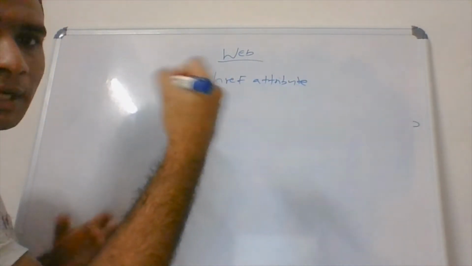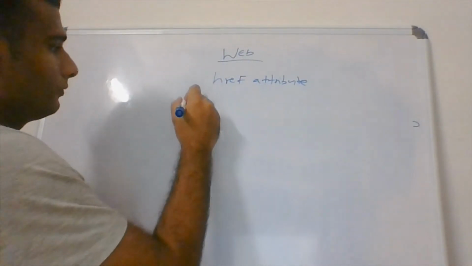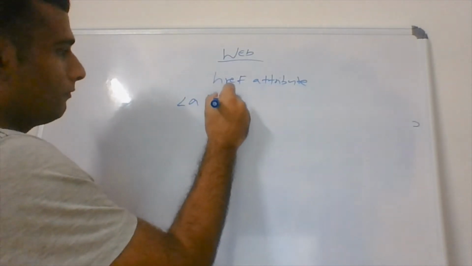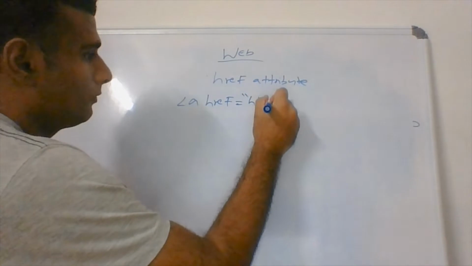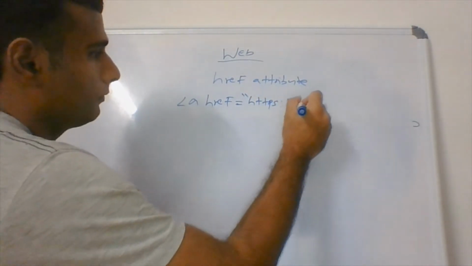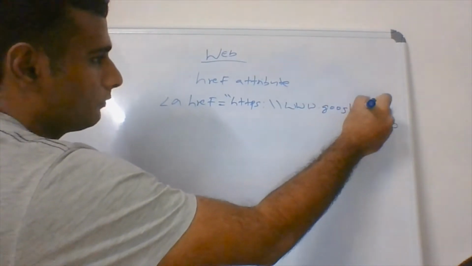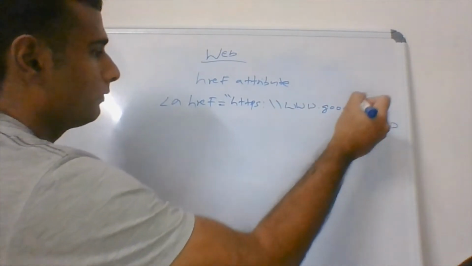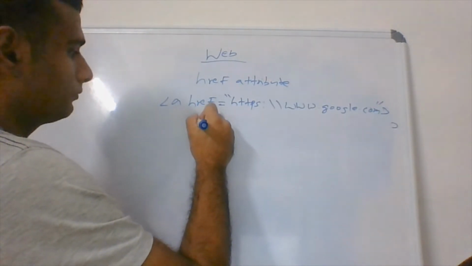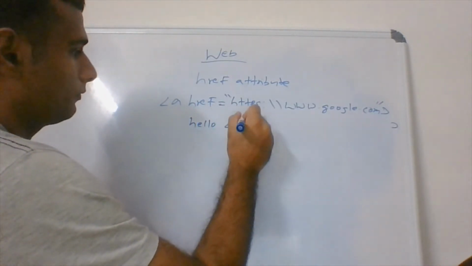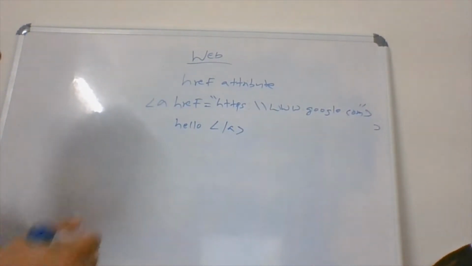Now let us see the first attribute, which is for hyperlink. So this is an example of hyperlink attribute.